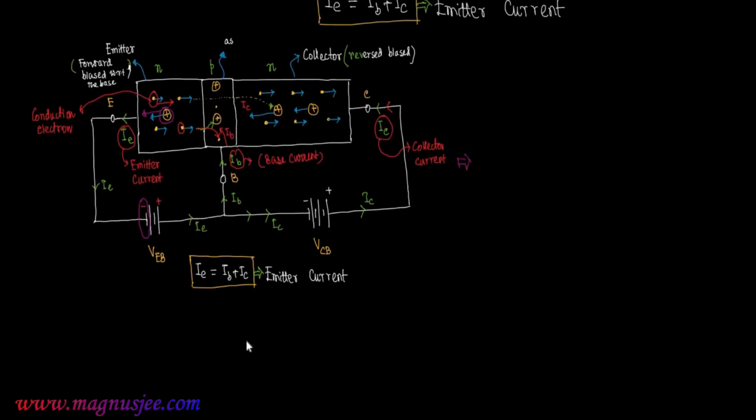Now the logic symbol of NPN transistor will be what? We have to draw that. We can draw a circle, a perfect circle, and this horizontal part is the base.